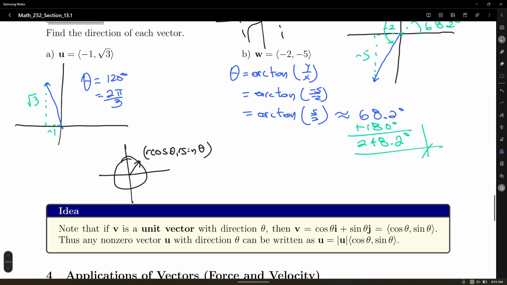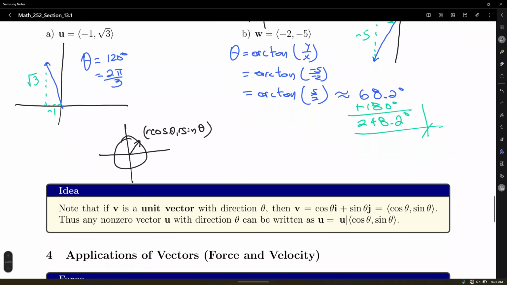How about that? That's why a unit vector will be represented in vector notation as cosine theta i plus sine theta j, or cosine theta, sine theta. Notice there's no coefficient in front of the cosine and the sine. That's because an invisible coefficient means 1.